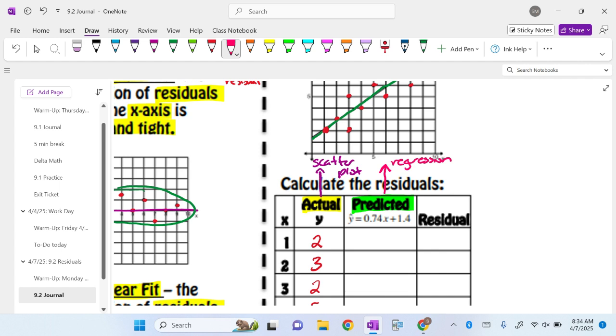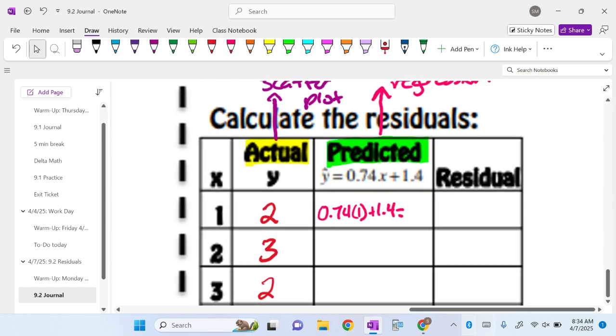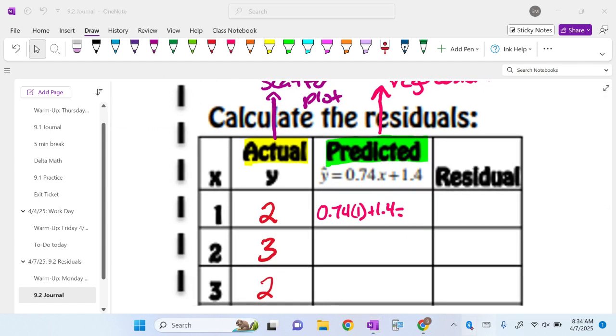One way to do it is to plug in our x value for the x in our calculator and solve. So for example, we could do 0.74 times 1 plus 1.4. And that would equal, if we put it in our calculator exactly as I put that in, around 2.14.